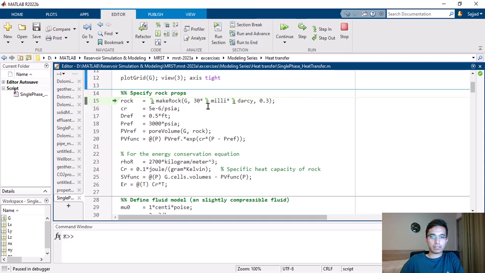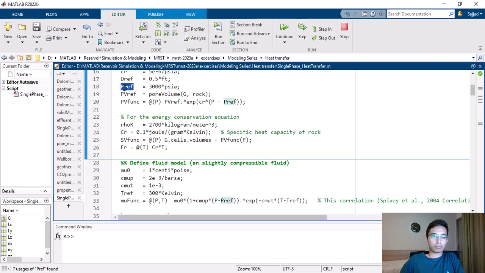Here we have specified the rock permeability, the rock porosity, and some other data that you are already familiar with: rock compressibility, the coefficient of isothermal compressibility of rock for the calculation of the pore volume as the pressure changes, and the initial pressure of the reservoir is 3,000 psi, which is considered as the reference pressure for this function.